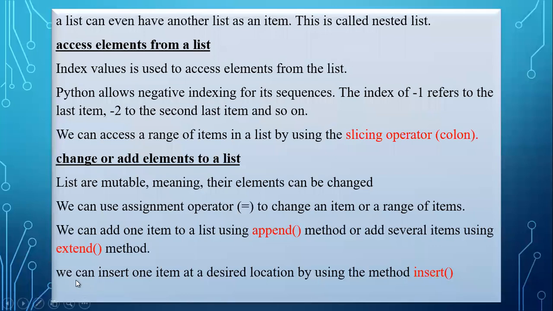Previously we learned the len function, max function, min function, sum function, which can be applicable to any type of data. But these methods, append, extend, insert, are applicable only to list type objects, because these are defined inside the class list. So how to use them? We have to use them with the dot operator. The list name, that is A, B or something we have created, A dot, then this method.